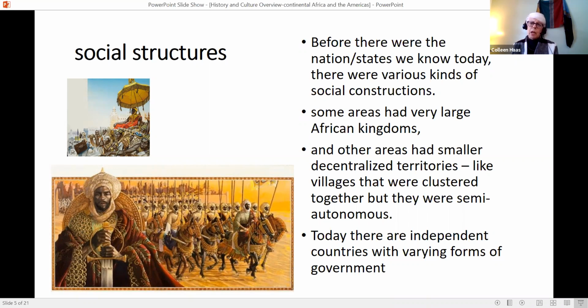They were more autonomous. So we have these centralized large kingdoms and then these decentralized areas. And this is kind of how the early development of the African continent went. Today, there are countries that are independent. Some of them are run like autocratic rule. Some of them are run like democracies with varying styles of government.